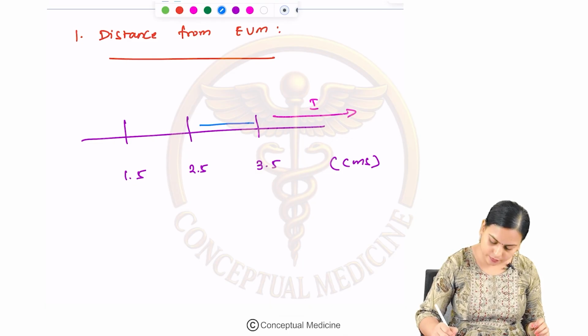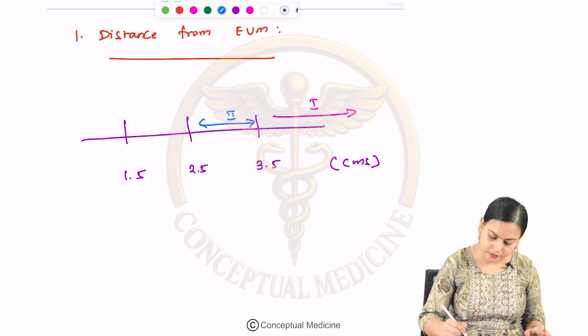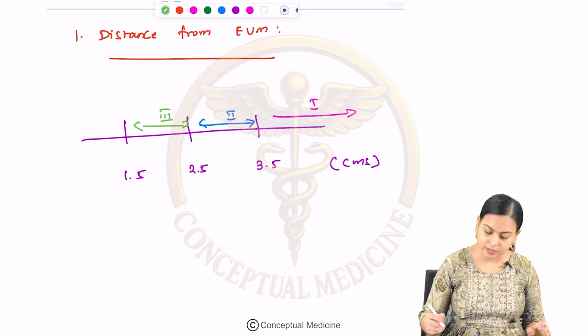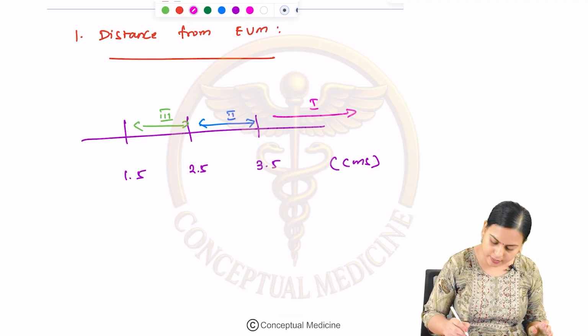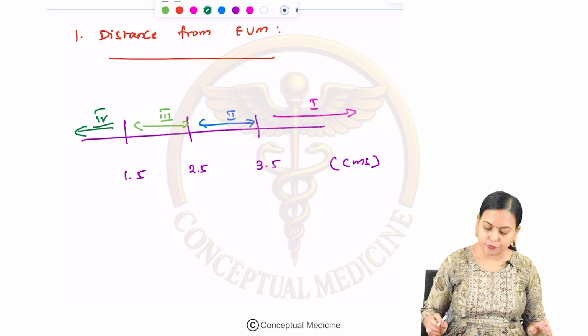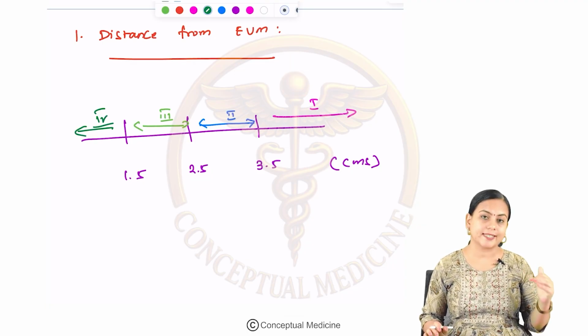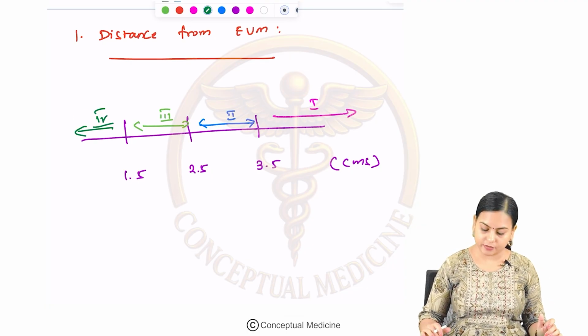Type 2 is between 2.5 to 3.5 centimeters. Type 3 is between 1.5 to 2.5 centimeters. And type 4 is anything less than that. Okay, this is type 4. Okay, so this is according to the distance of the fistula from the external urinary meatus, right?